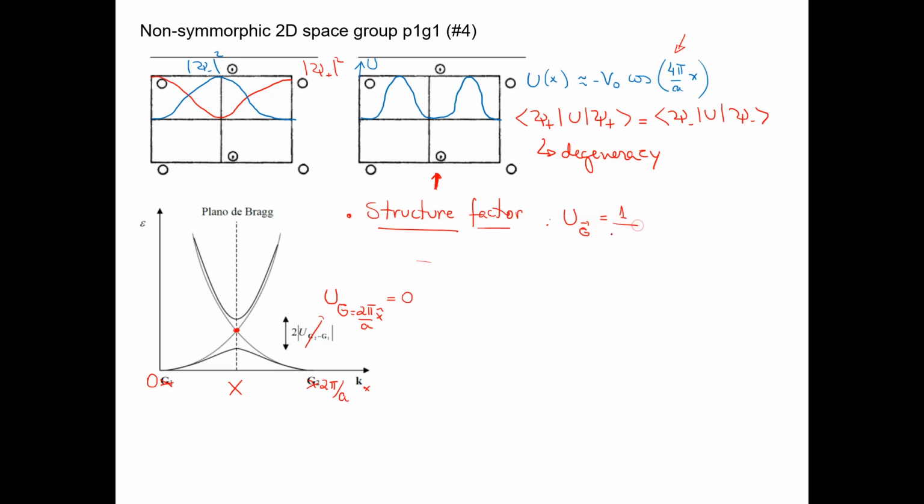I'm not deriving this, but you can see this in basic solid state books, which is, this can be written as one over the volume of the unit cell, a sum over all atoms in the unit cell, and this term tau j is the position of the atom j. This is some interference factor times some function which is called the form factor or atomic form factor.